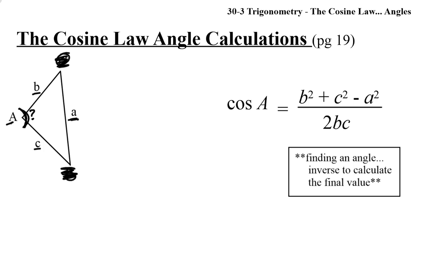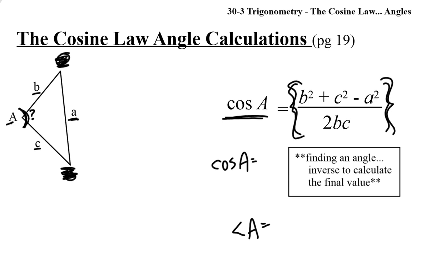Cosine law is a formula you just need to be able to plug into and solve. A couple of things are important before we jump into it. Please note that we don't calculate angle A with this formula. All that stuff on the right side gives us the cosine A value. So we're going to end up with cosine A equal to some decimal value.